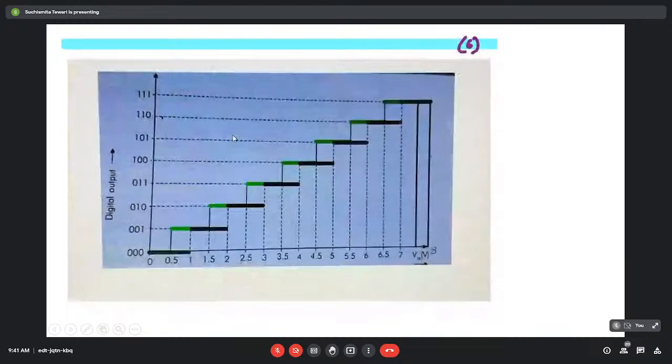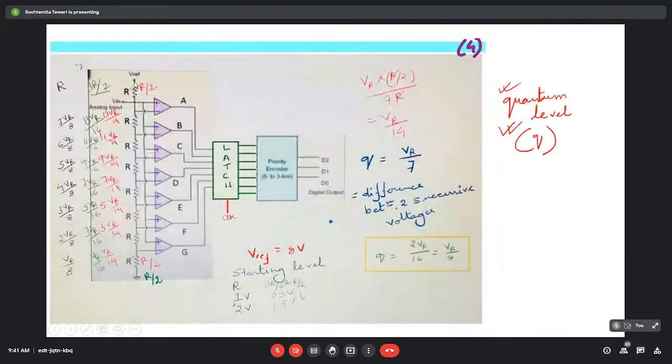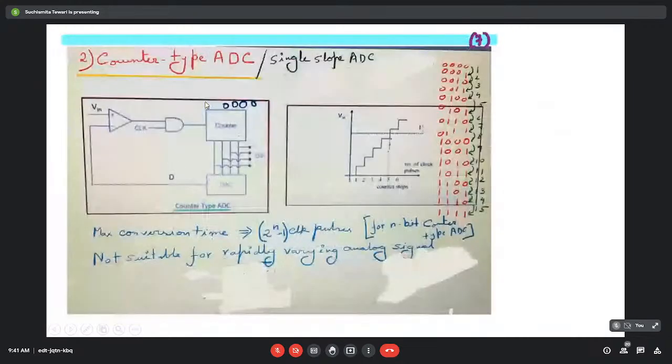In previous cases we created analog reference voltages that had to be compared with the input voltage. So here also we have to make sure that the input analog voltage is compared with an analog reference voltage. Here comes the significance of using a DAC.